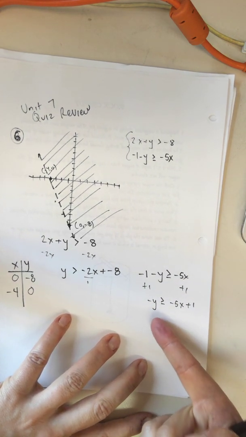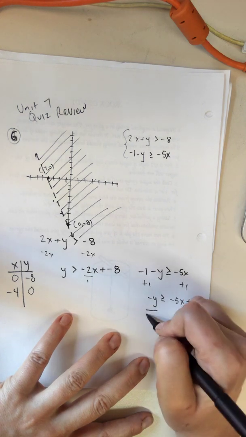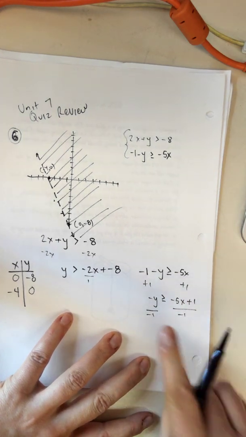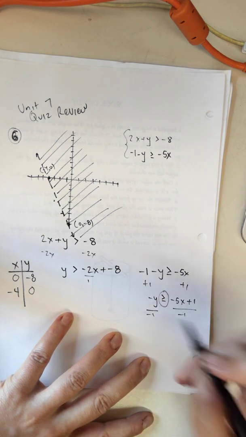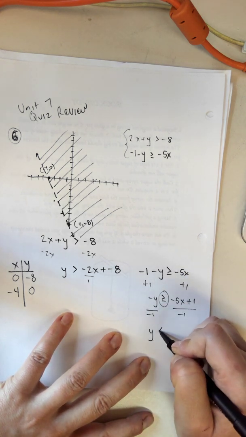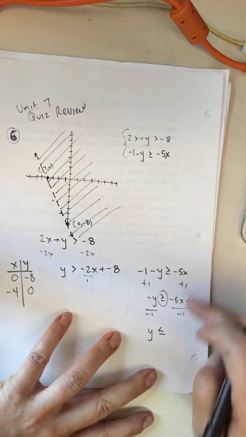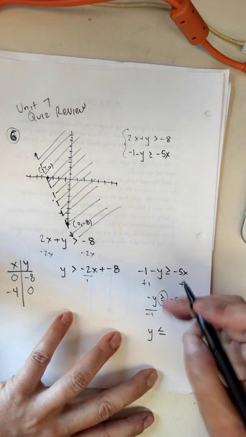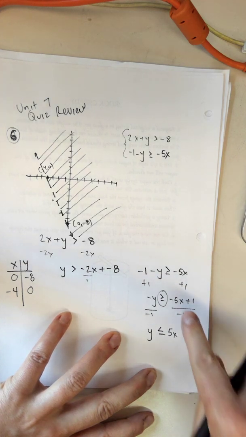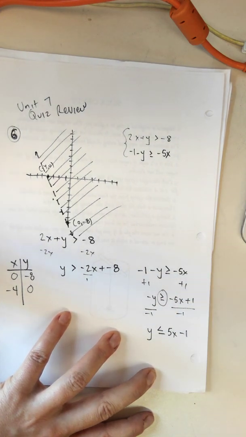If I want to get y alone, I have to divide both sides by negative 1. When I divide by a negative number, I have to flip the symbol. So I get y is less than or equal to, and then change the sign of everything. It used to be negative y, now it's y. It used to be negative 5x, now it's 5x. It used to be plus 1, now it's minus 1.